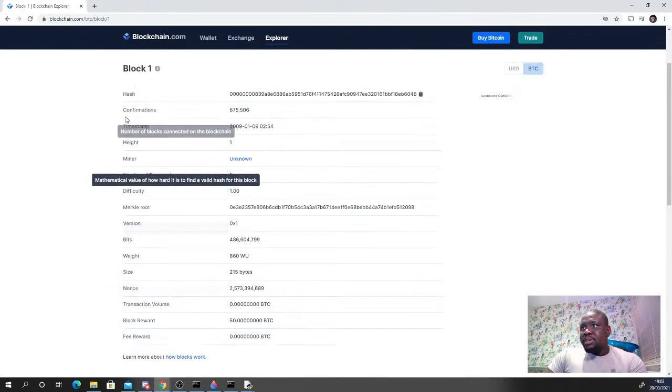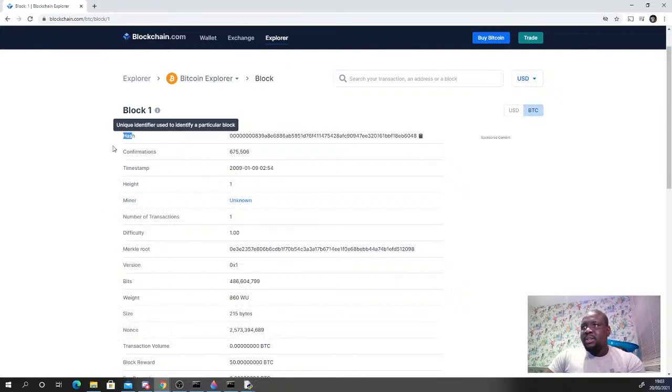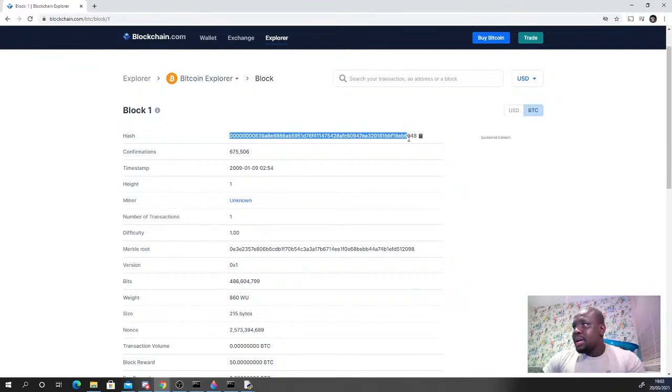So the first Bitcoin block, let me explain most of the parameters here. This is the hash value that makes this block unique. There's the confirmation, the number of people that say yes, we confirm that this hash value is valid for this block, so nobody is stealing it. If you notice, this is how many zeros: 1, 2, 3, 4, 5, 6, 7, 8.